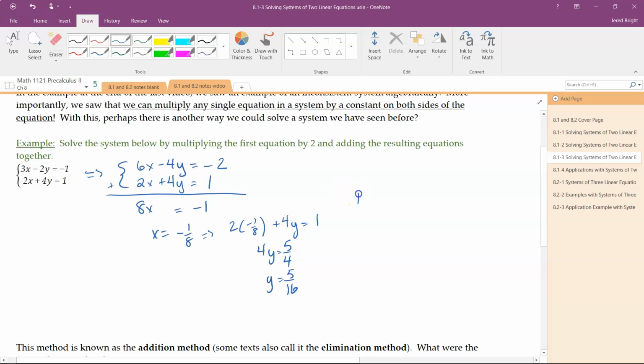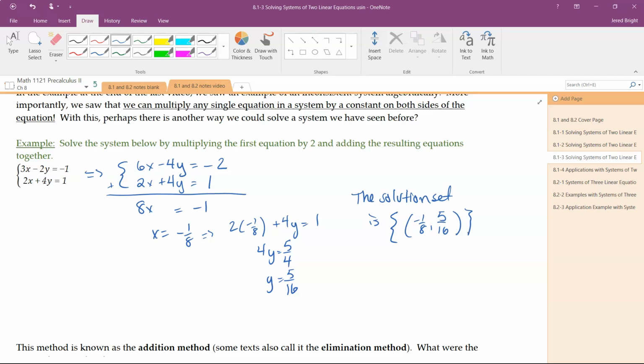And so I would say the solution set is negative 1/8, 5/16, and that matches what we got before. Okay, so no big surprise here, but the method is a little different.